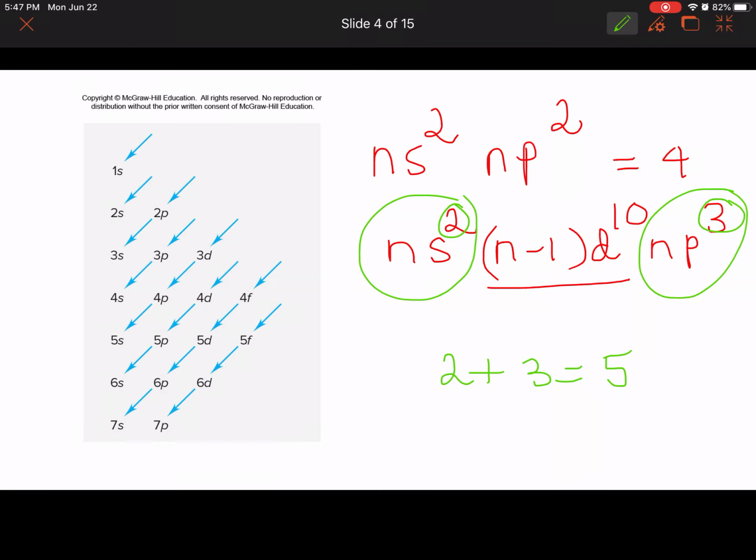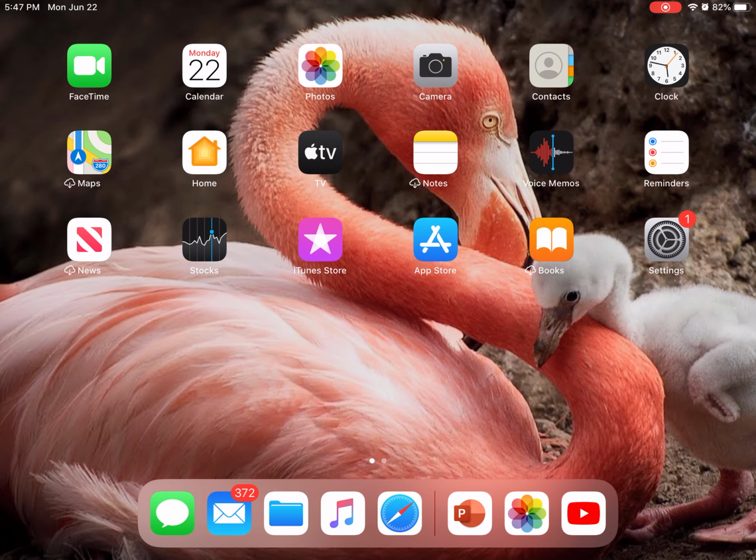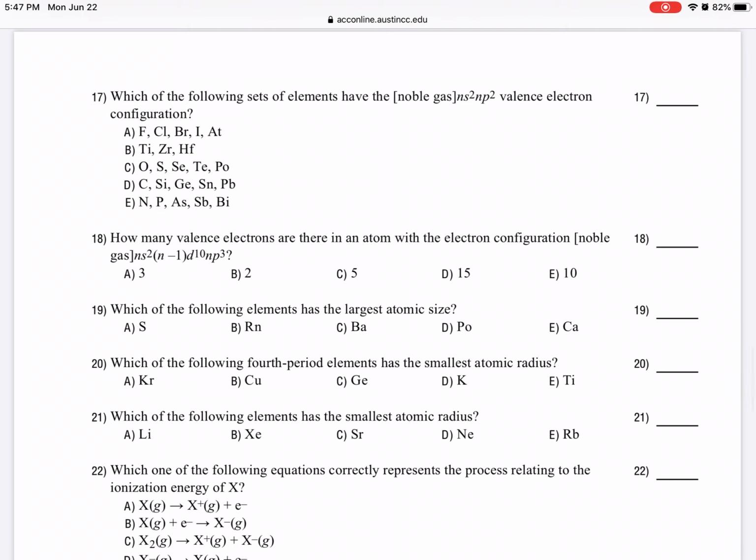Okay. And then the number 19. Which of the following elements has the largest atomic size? So you have sulfur, radon, barium, polonium, and calcium. Now we have to locate where they are in the periodic table.